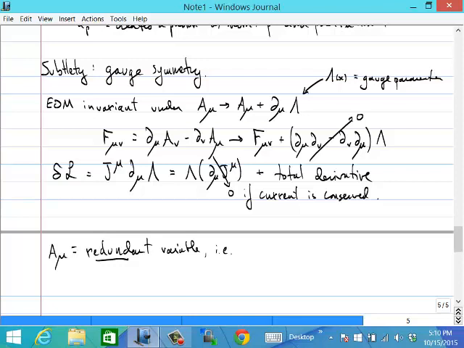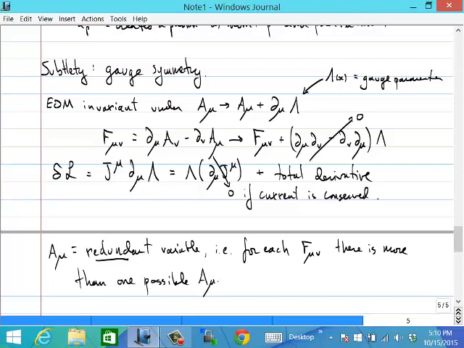Remember that the physical electromagnetic fields are the electric and magnetic field strengths, E and B. But because of gauge invariance, for each value of these physical fields, that is to say, for each F mu nu, there is more than one possible A mu.